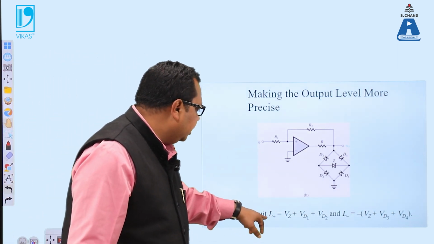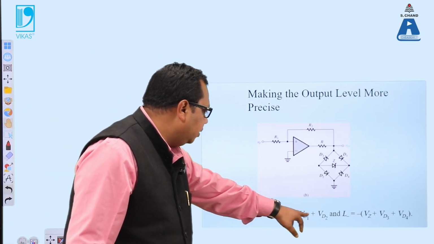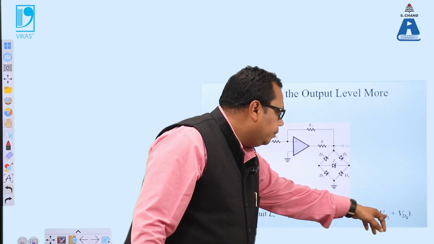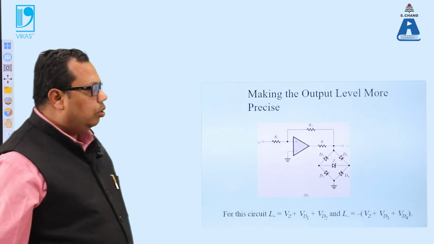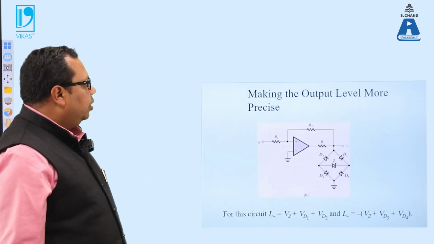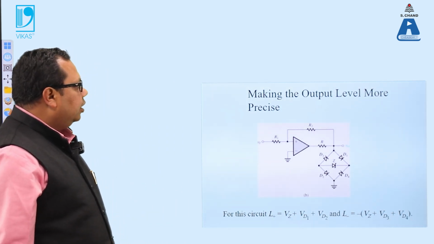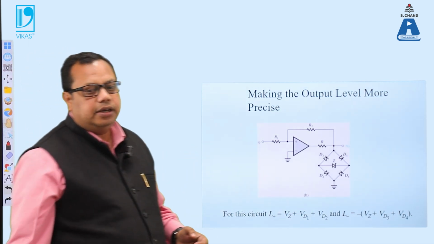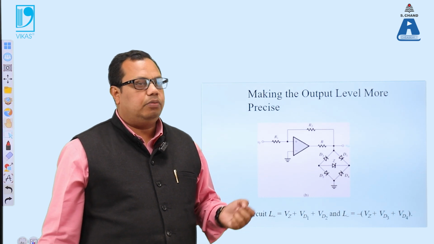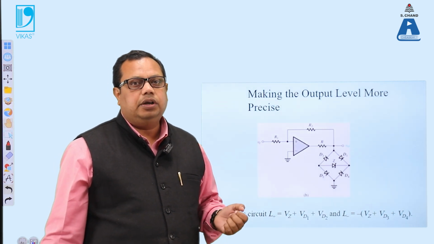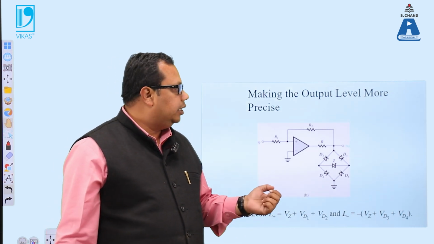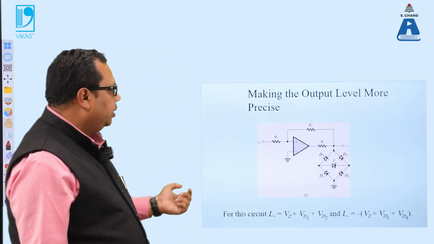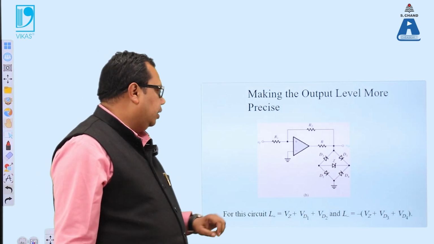We are using L positive saturation as Vg plus Vd1 plus Vd2, and for the negative saturation it will be minus Vg plus Vd3 plus Vd4. We use these calculation values again and again to make the output more precise, either for the positive saturation, the negative saturation, or the total transfer characteristics. We can calculate any of these very particularly.